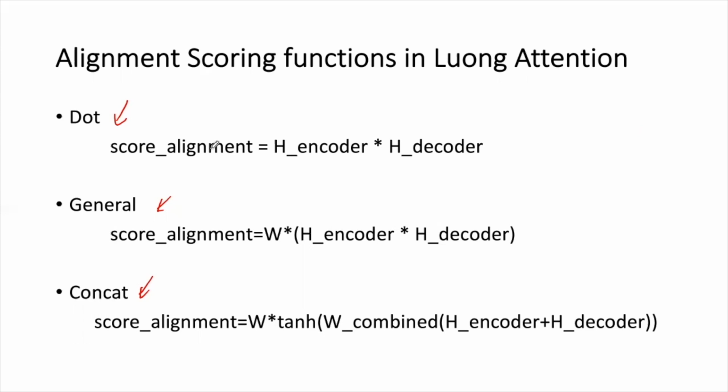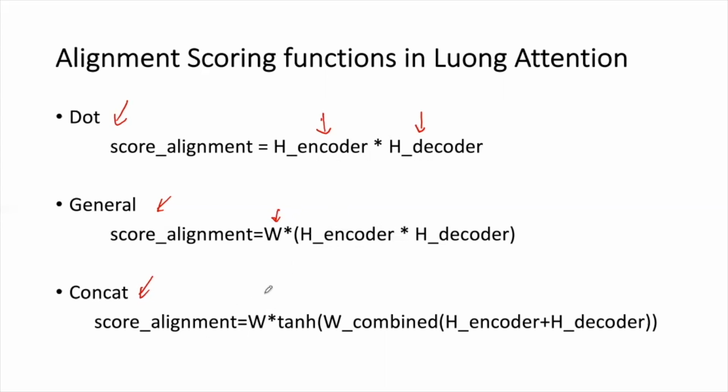That's the reason we have the dot product here. As you know, the higher the dot product, the more similar the two vectors, here the encoder and the decoder. That's the reason we use the dot product. Similarly, the general form is the same as the dot product. It's just that we multiply with a matrix, a linear transformation of it.